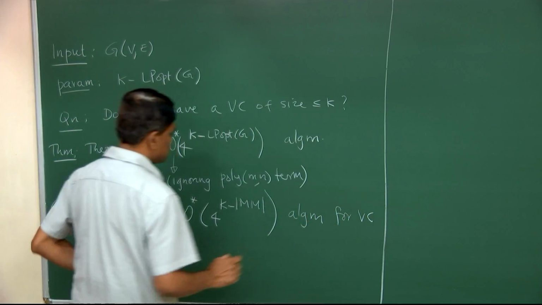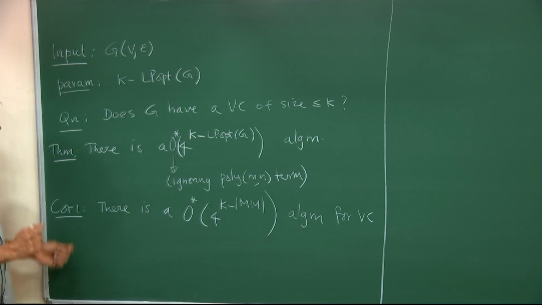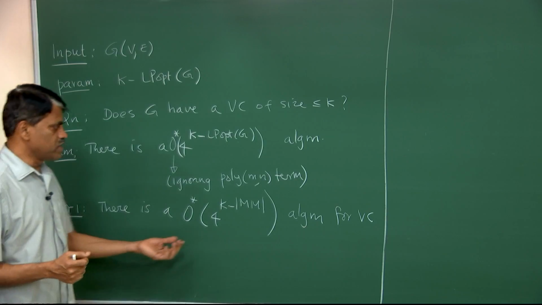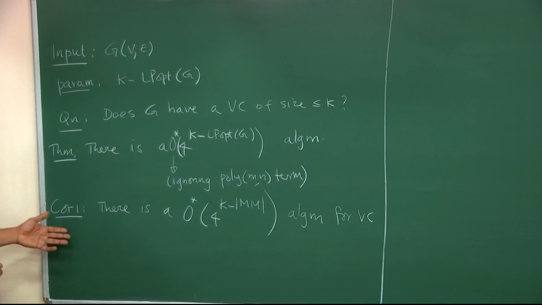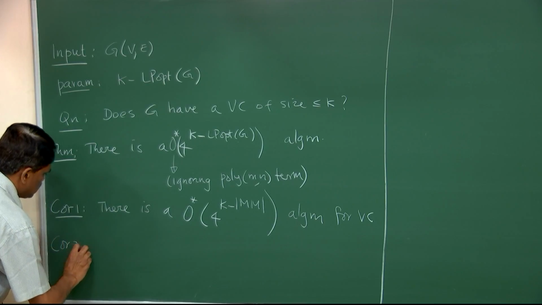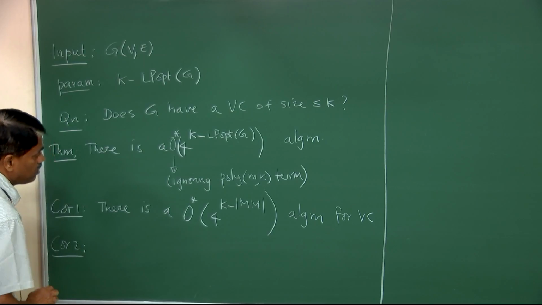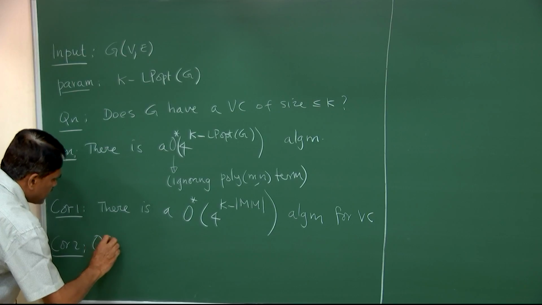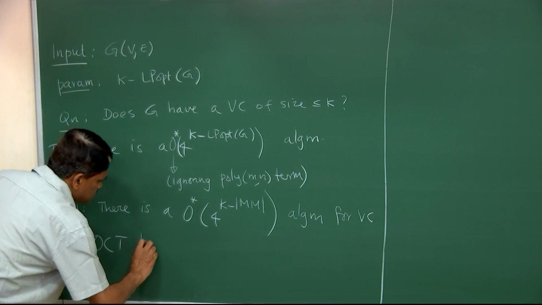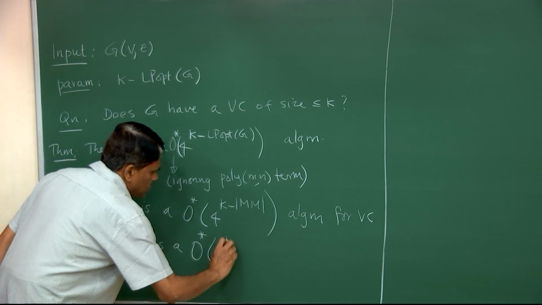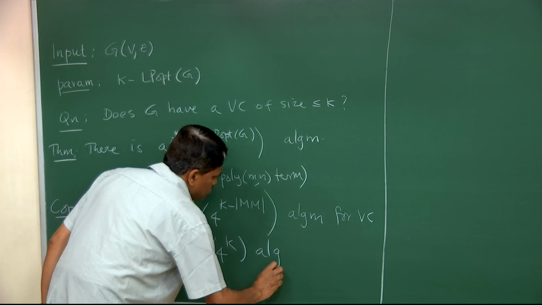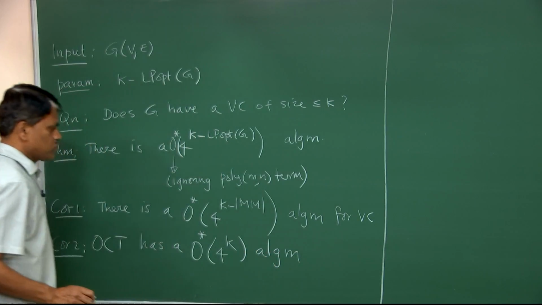So to test whether there is a vertex cover of size at most k, you have an algorithm whose running time is exponential in k minus the size of the matching. Okay, and using this as a corollary, we saw that the odd cycle transversal problem has an O star 4 power k algorithm.